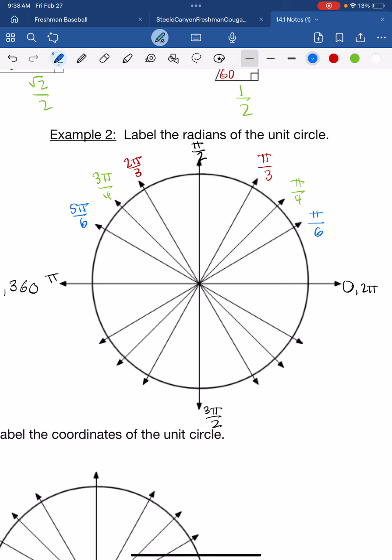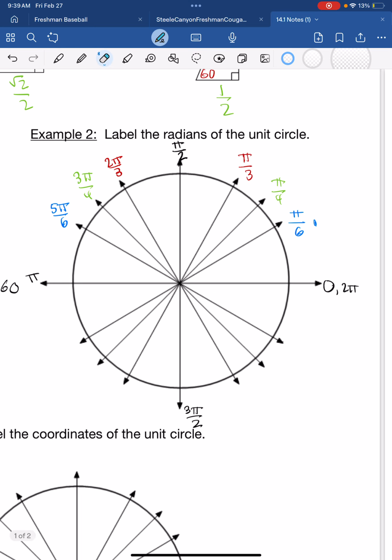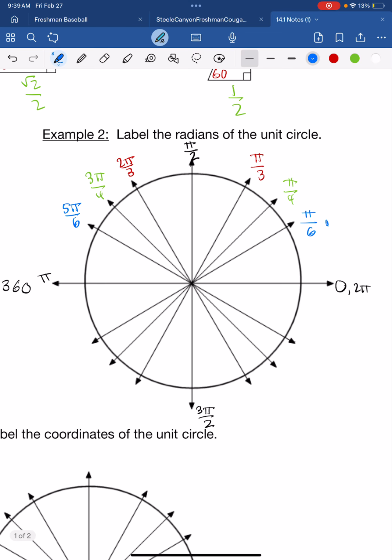Now you might be wondering, if pi over 6 is right here, where's 2 pi over 6? Well, that's the same thing as pi over 3. This is just 2 pi over 6, because if you divide both of those by 2 to reduce it, you end up with pi over 3. Similarly over here, 4 pi over 6 just becomes 2 pi over 3.